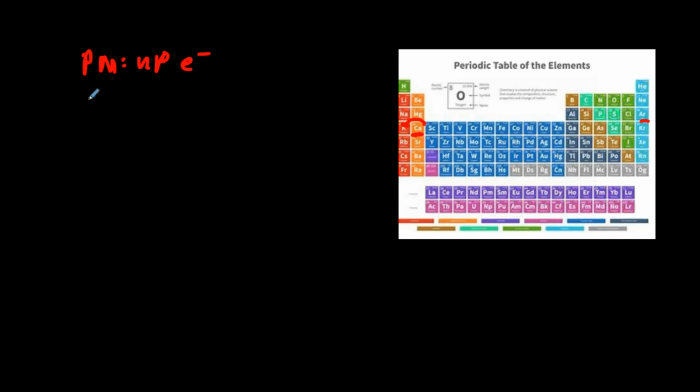But for diamagnetic, we'll have all paired electrons. So, for example, if we wanted to find out if fluorine was diamagnetic or paramagnetic, we would have to draw the orbital diagram. In this case, we'll have 1s, 2s, and 2p. And then we simply remember to follow Hund's rule as we're doing this.